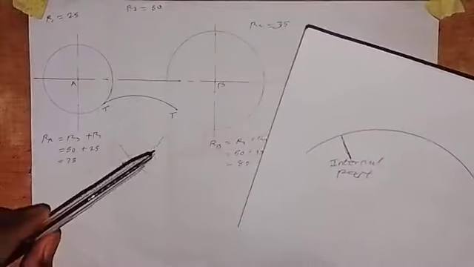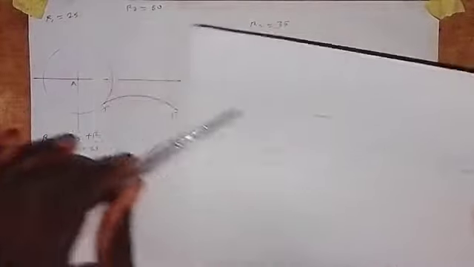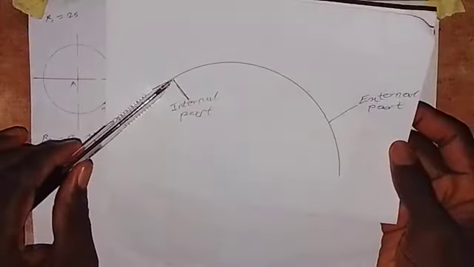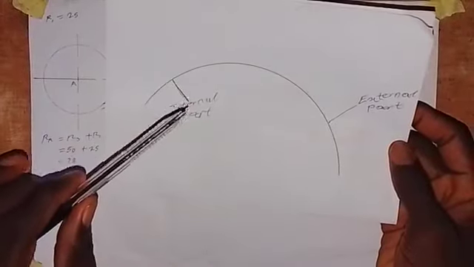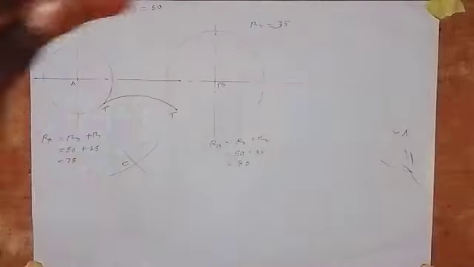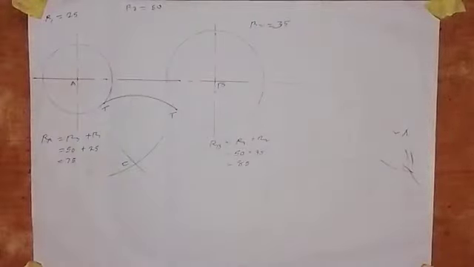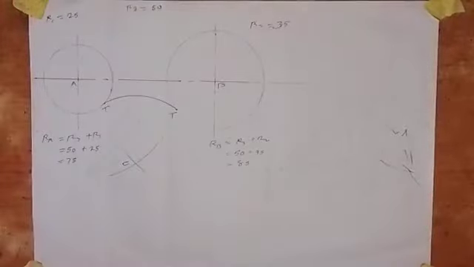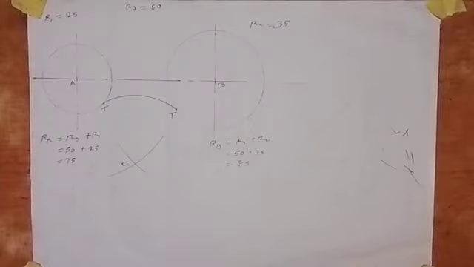Now we want to draw an arc in which these two circles will touch its internal part. That is what we want to do right now. So I'm still going to make use of this construction that we did here. In this case, the radius of the arc that these two circles will touch its internal part is 100 millimeters.